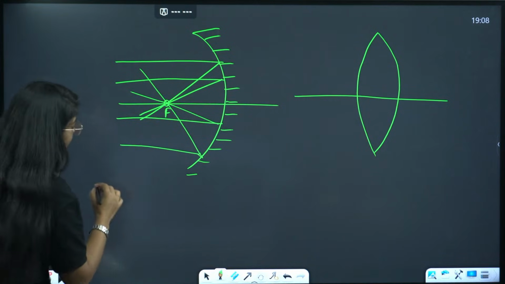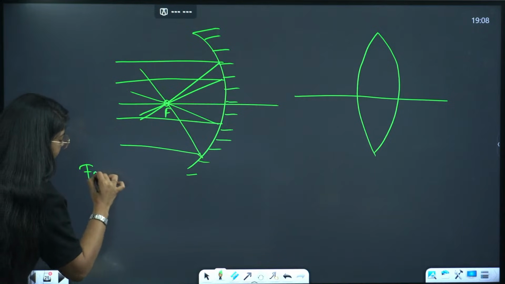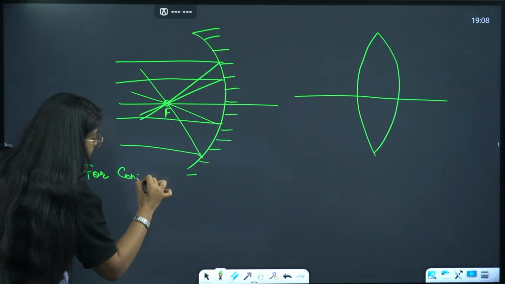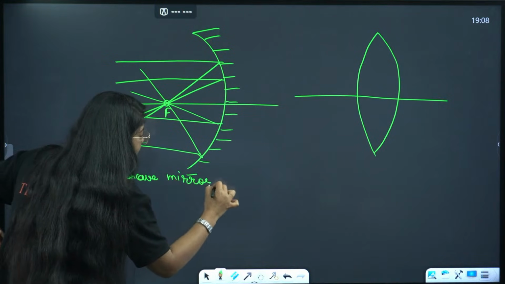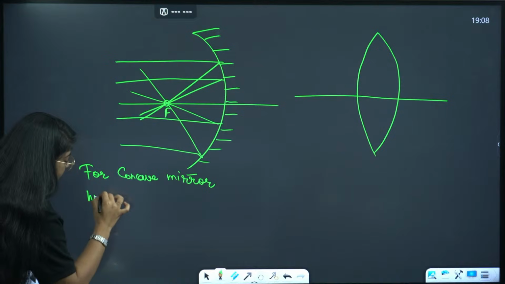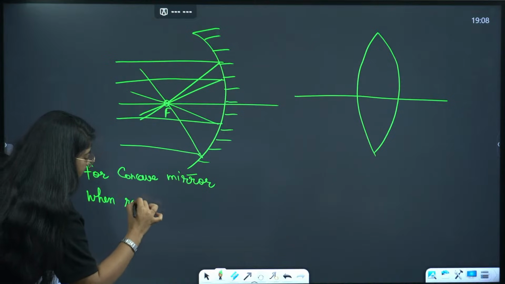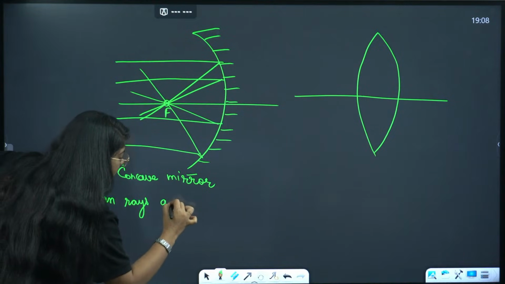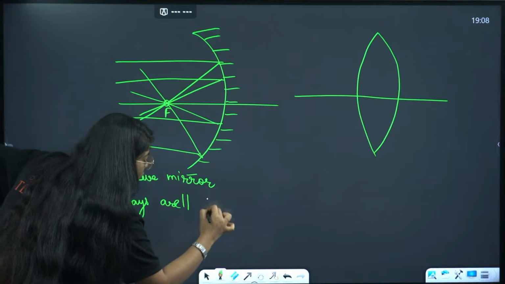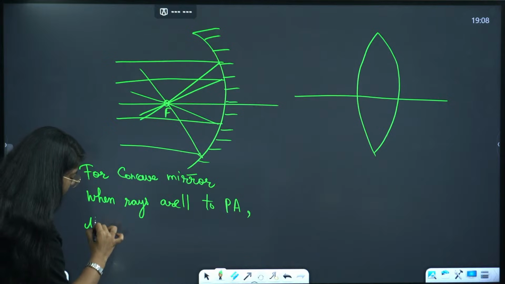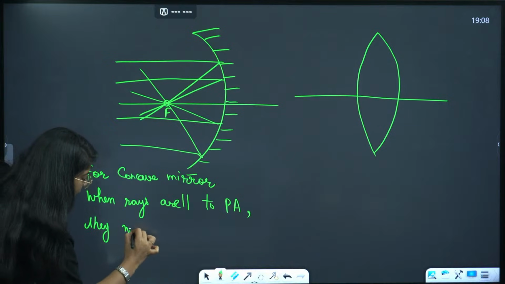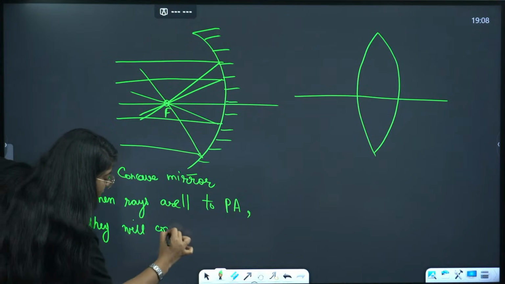So you have to write for concave mirror, when rays are coming parallel to principal axis, they will converge at a point. देख लो ध्यान से.